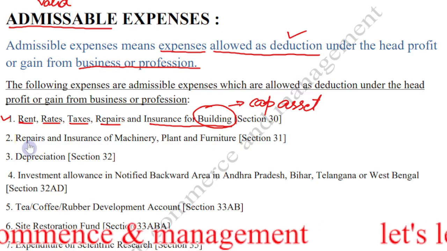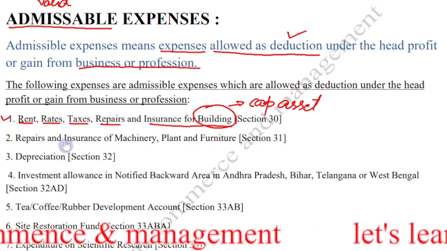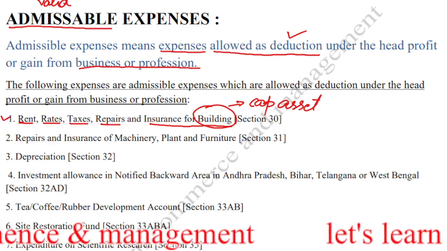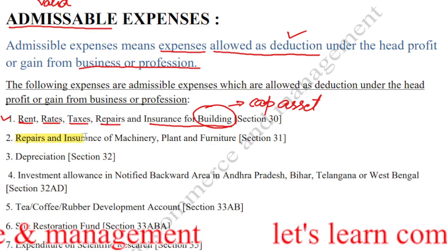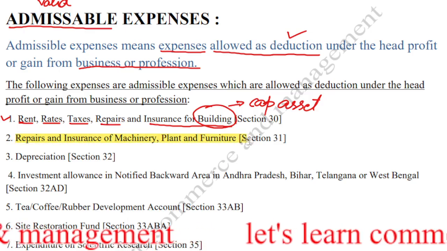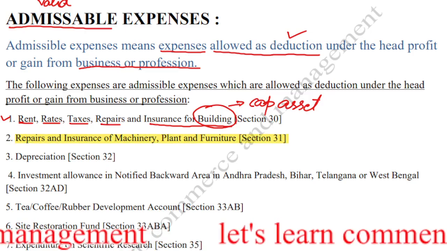Next one, repairs and insurance of machinery, plant and furniture. If you are making a note of it, kindly you can also highlight the same.